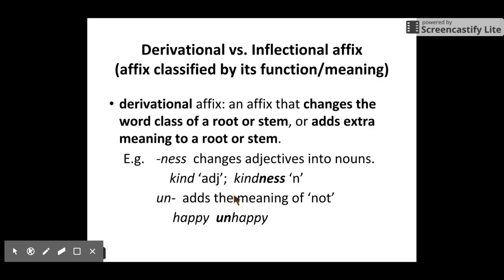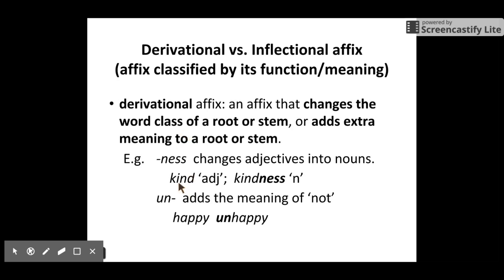Okay. And there is another way to classify affixes. This classification is based on their function or meaning. The first type is called derivational affix, which is an affix that changes the word class of the root or stem. Changing the word class means that by attaching the affix, we change the part of speech of the stem.